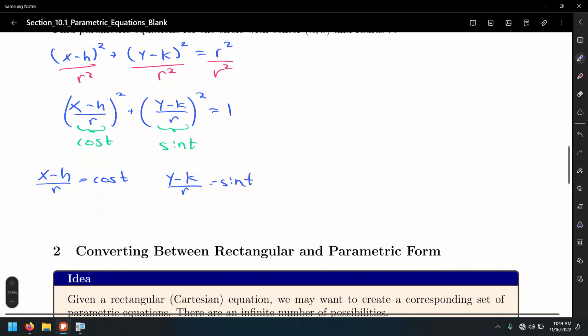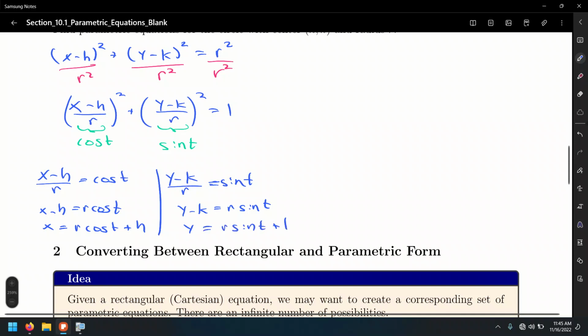So in this case, I'm going to solve for x and y on both equations. I'm going to multiply both sides by r. That's going to give us x minus h equals r cosine t, and x equals r cosine t plus h. Similarly, for that second equation, y minus k equals r sine t, and y equals r sine t plus k.